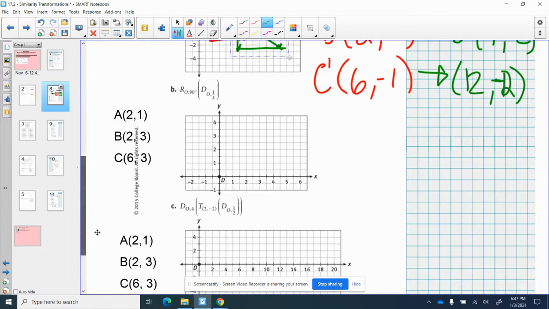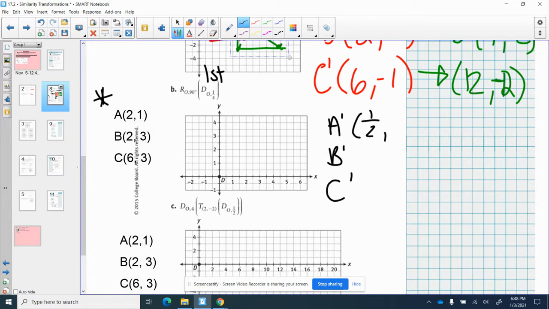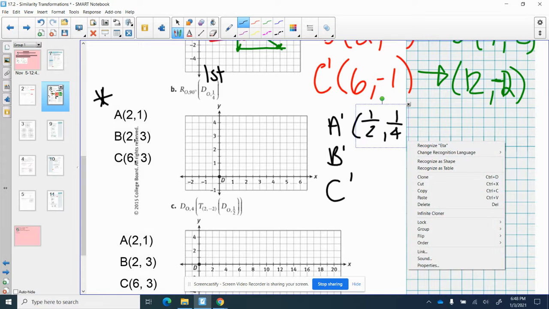Okay. Now for part B, we're starting this time with a dilation. So we're going to take our original points A, B, and C, which I have listed over here, and we're going to multiply each of those by 1/4, aka divide by 4. So 2 times 1/4 is 1/2. 1/2 times 1/4 is 1/4.